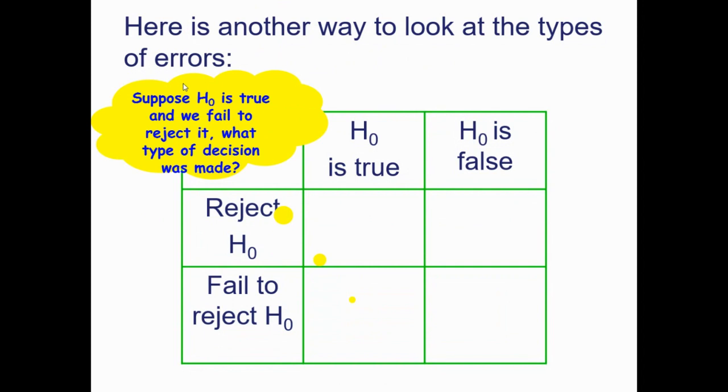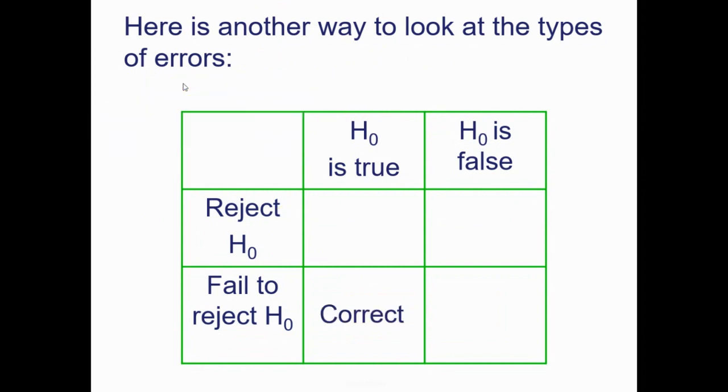What kind of decision was made? Did we make a good decision or a bad one? It's true and we fail to reject. That's good. That's what we want to do if it's true. Because if it's right, you wouldn't reject it. That's right.